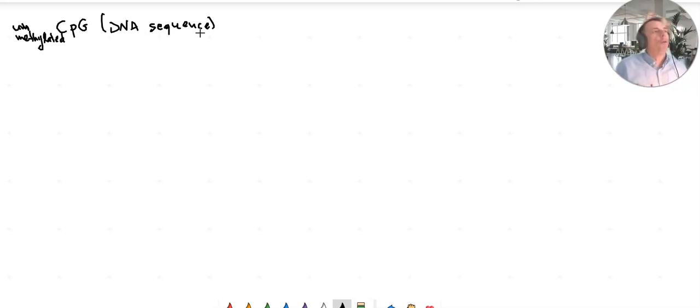This is not that common in mammalian DNA. It's more common in bacterial DNA, for example. Now, this unmethylated CpG is recognized by toll-like receptors, in particular by toll-like receptor 9. How is this done?